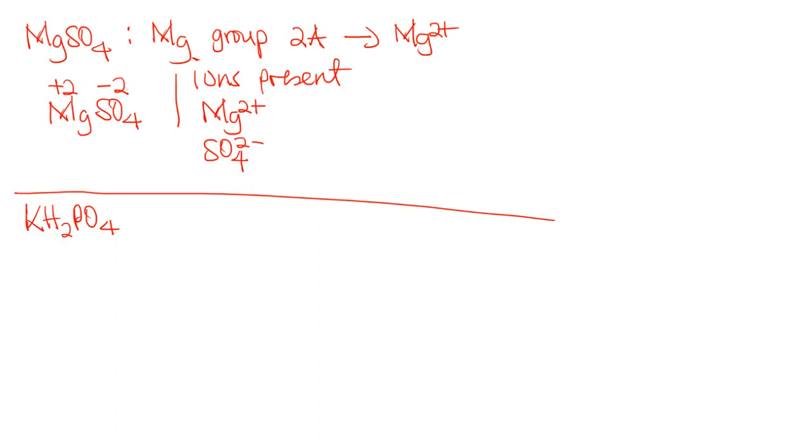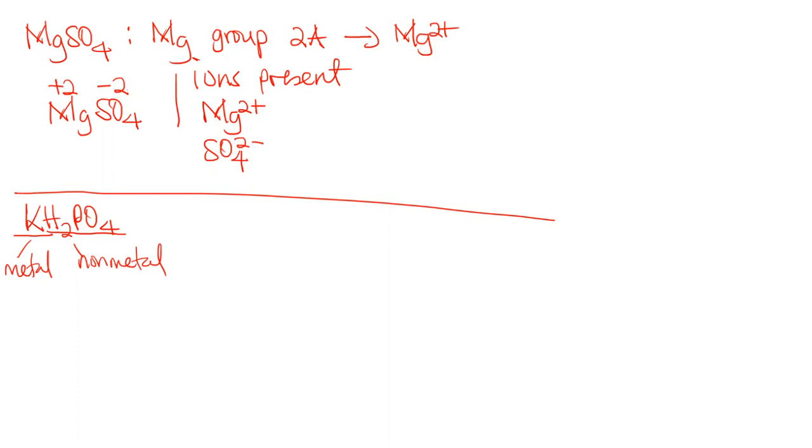Our metal in this compound is K, potassium. The rest of this is non-metal. So make sure that you recognize the metal, and then you can identify the non-metal.